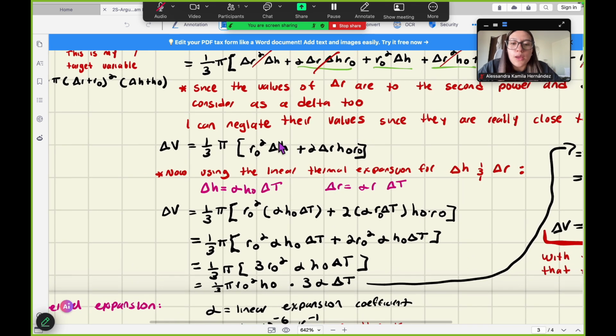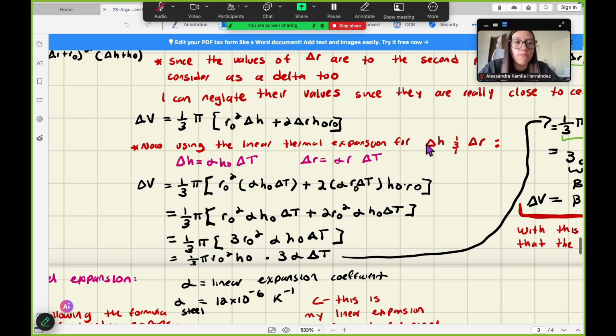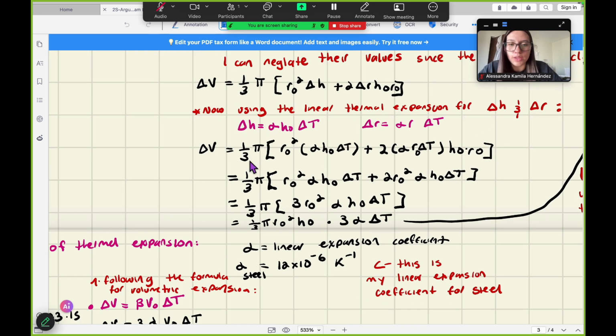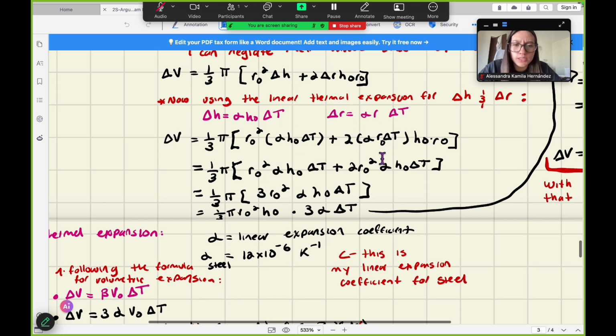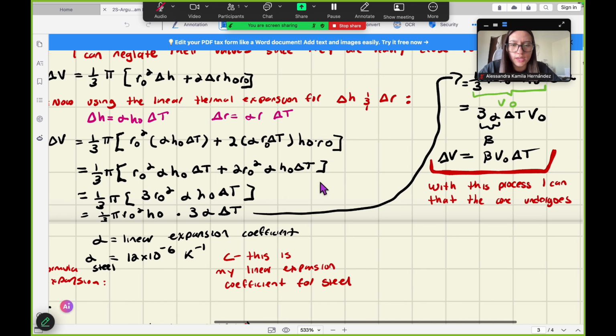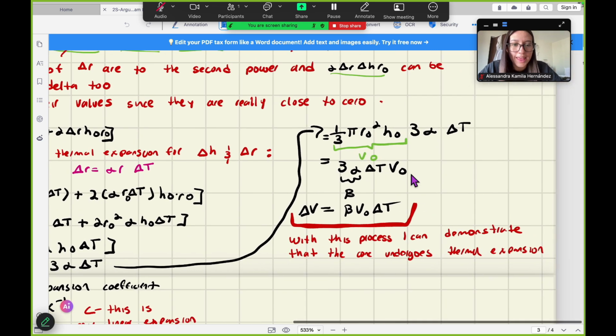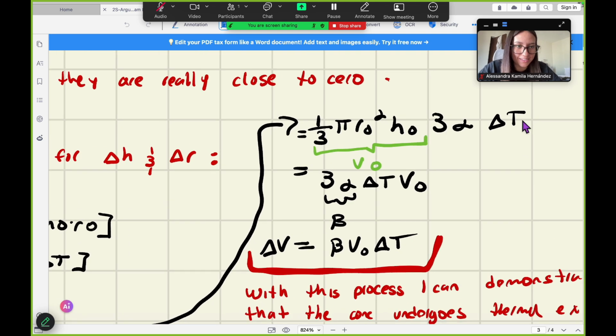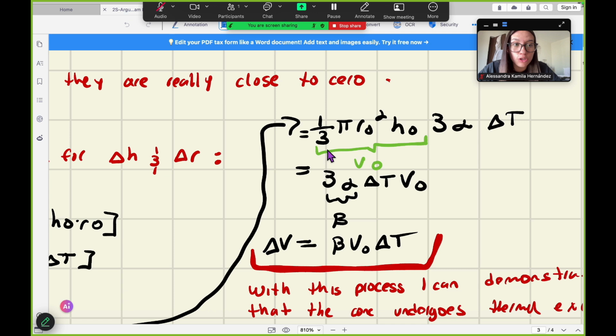Now I am using my linear thermal expansion for the delta H and delta R since they changed, and I substitute the values and do some algebra here, and at the end I get this. As we can see clearly, I obtain the value of my initial volume.